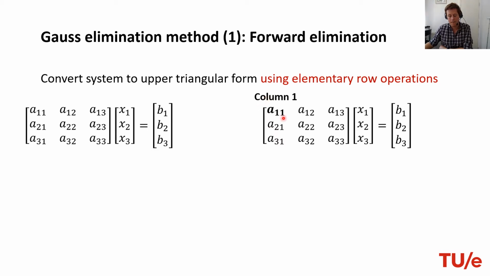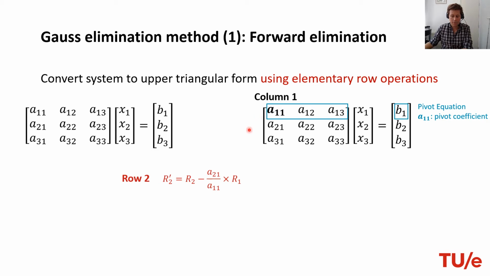The A11 coefficient can stay there, but A21 should be rendered 0 and A31 should also be rendered 0. Now some terminology. When we're doing this process of removing these elements from the matrix, we call this first row the pivot equation, because that is the row we'll be using, subtracting or adding to other rows in order to make zeros in those rows. And we call A11 the pivot coefficient.